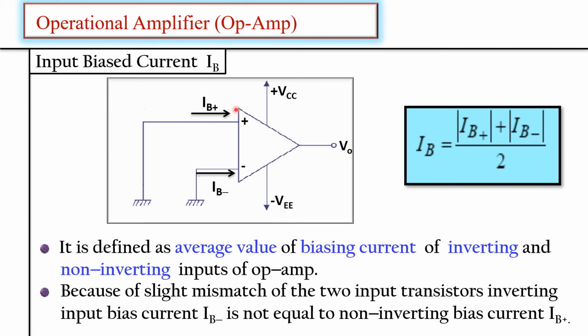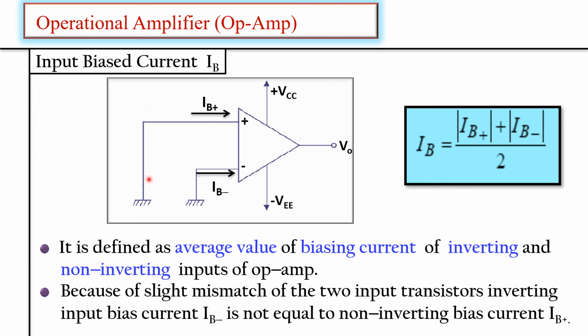This current is known as input biasing current. Current flowing through the non-inverting terminal is IB plus, and current flowing through the inverting terminal is IB minus.